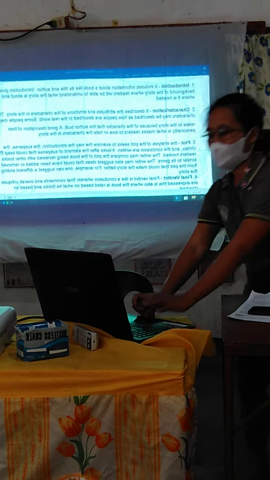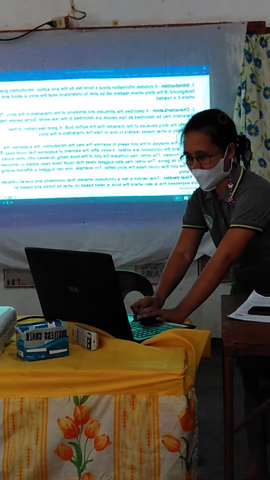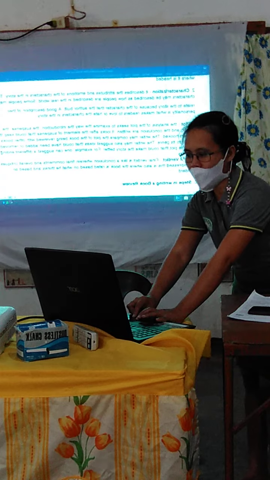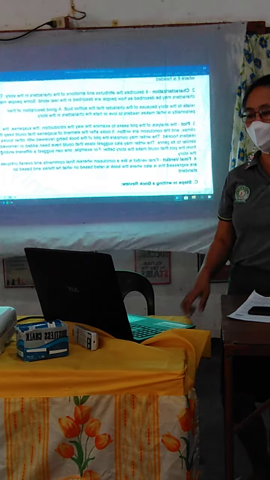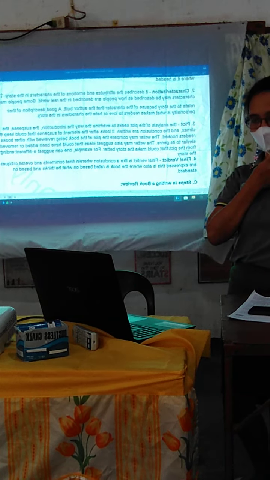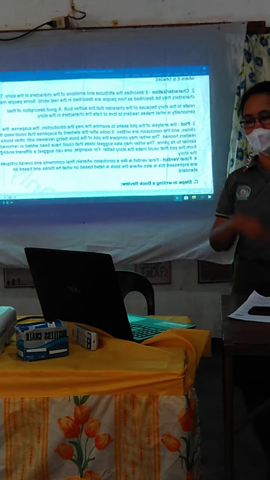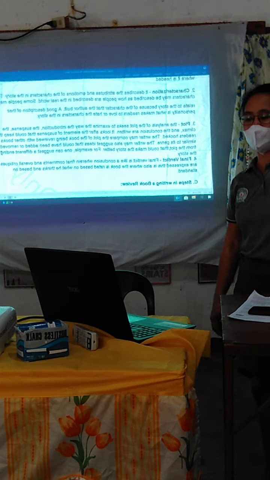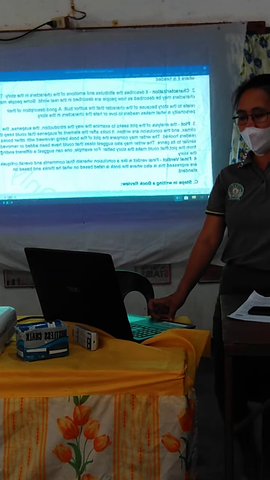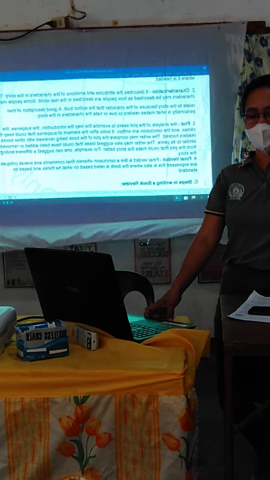Okay, next we have the plot. The analysis of the plot seeks to examine the way the introduction, the suspense, the climax, and the conclusion are written. It looks at the element of suspense that could keep the readers hooked.